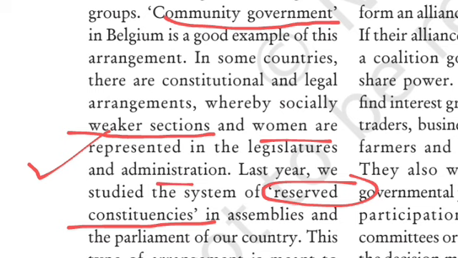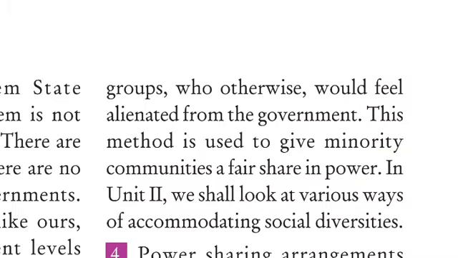This type of arrangement is meant to give a space in the government and administration to diverse social groups who otherwise would feel alienated from the government. Alienated means separated. They will feel that we are not a part of the country, like the Tamils felt in Sri Lanka. So we are sharing power with every community, every religious group, and every linguistic group in India.